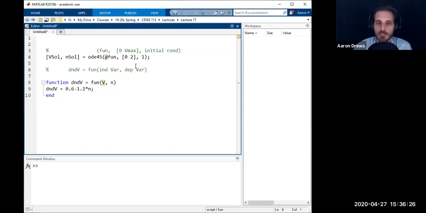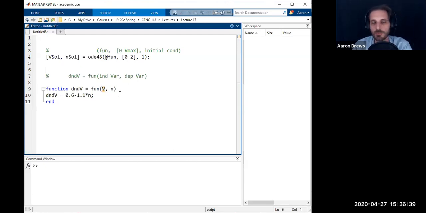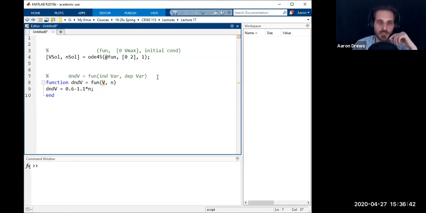That was part of the approximation, right? That part of saying here's where I am and here's where I want to get to. That is the thing that ODE45 is doing. So we never have to tell it to assume that this is a straight line or something like that. ODE45 is going to make those approximations very, very accurately.